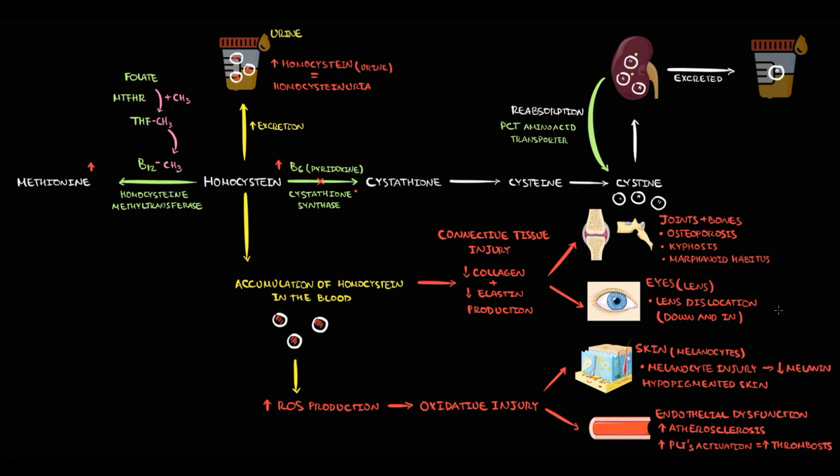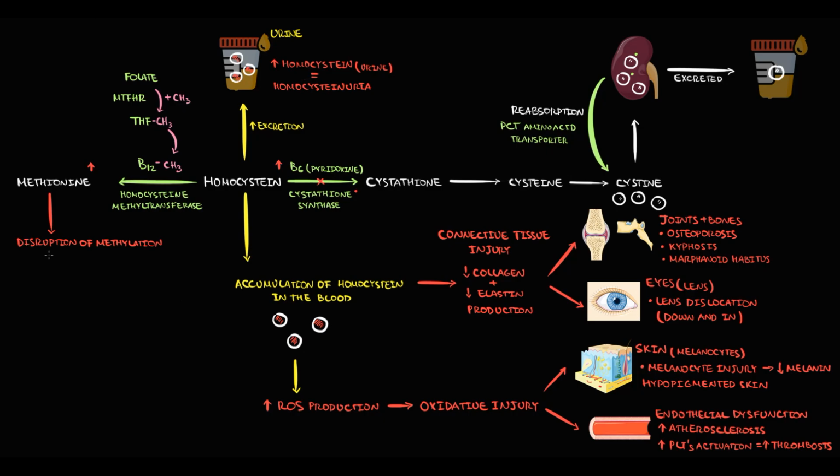Additionally, we have symptoms related to accumulation of methionine. Increase in methionine concentration disrupts methylation reactions. And because methylation reactions are involved in RNA and DNA synthesis and repair, disruption of methylation reactions affects the state of DNA and RNA molecules.